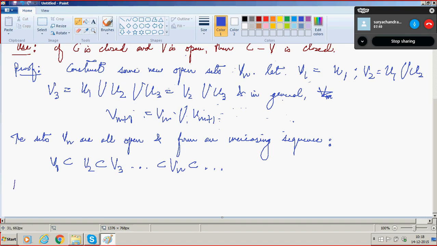The collection of all these sets Vk together covers C. So we continue to rig the proof further.